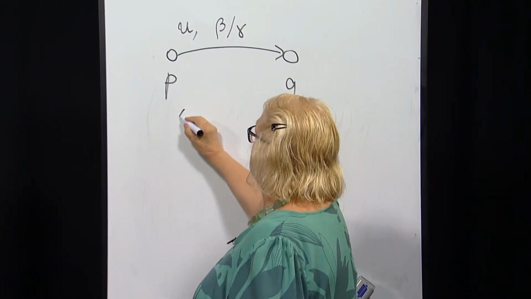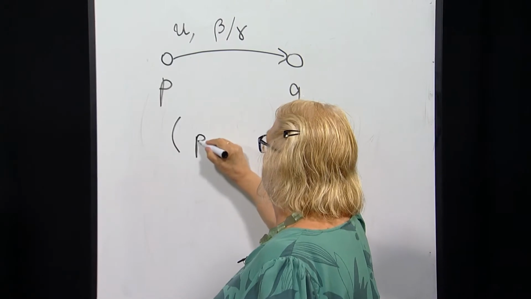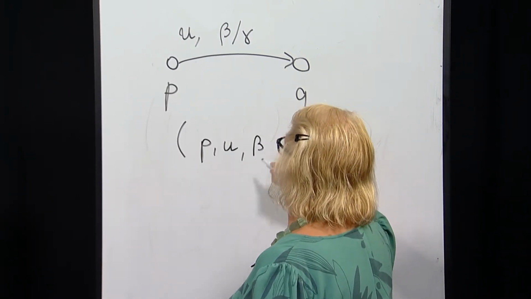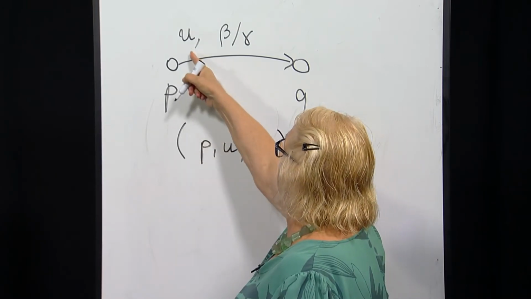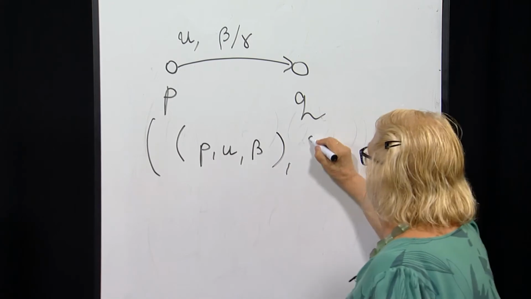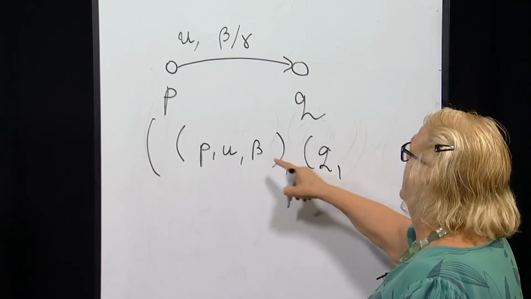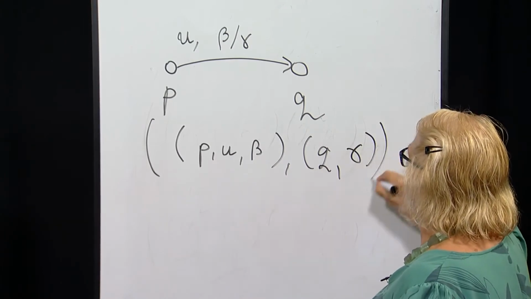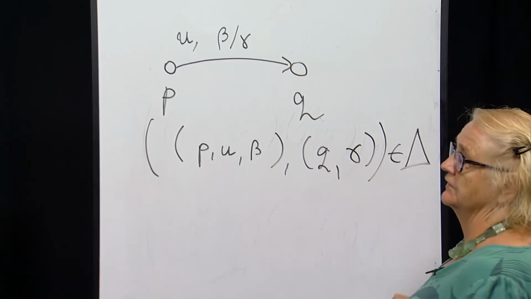So what does it mean? You have P, u, beta on the top of the stack. You go to the state Q and replace beta by gamma on the top of the stack. So this is my delta.